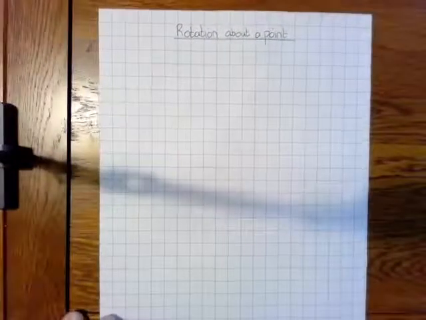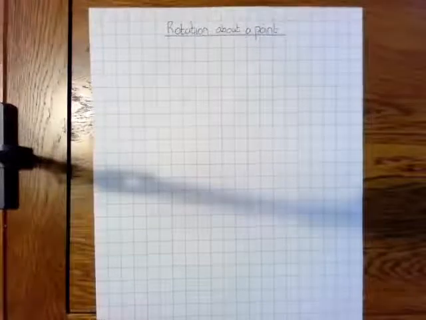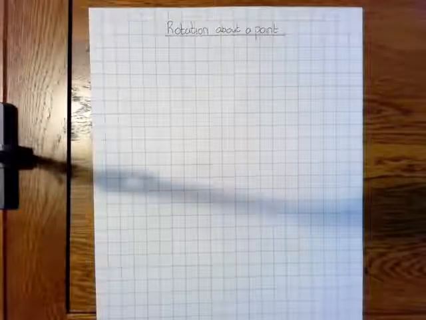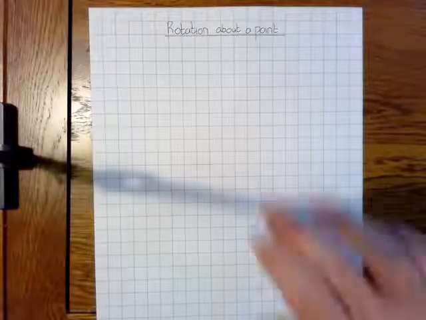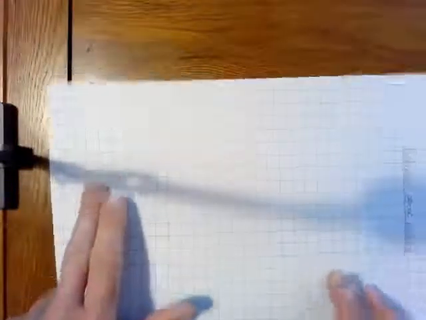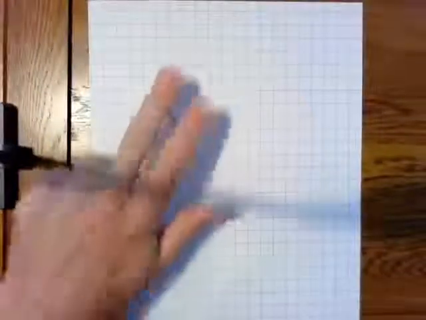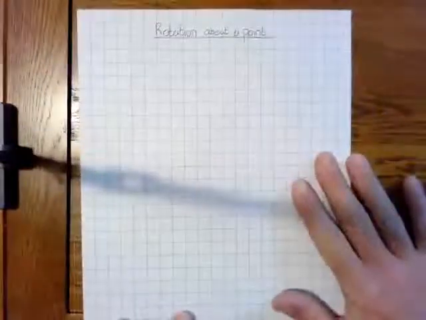Okay, now all you need to know is, as far as we're concerned, the only amounts you will be asked to turn will either be a quarter turn, which we're going to say is 90 degrees, like that, or a half turn, which we're going to say is 180 degrees, like that. Now, a couple of things about those.